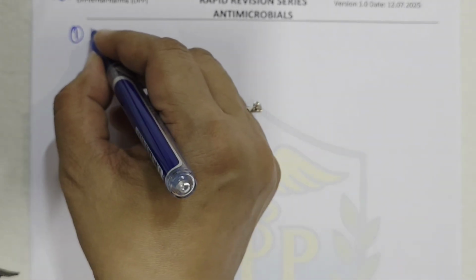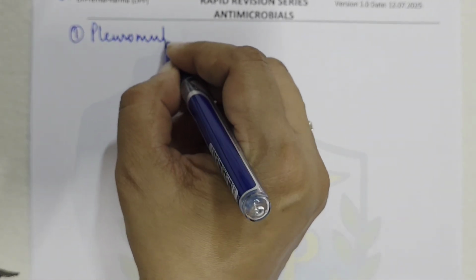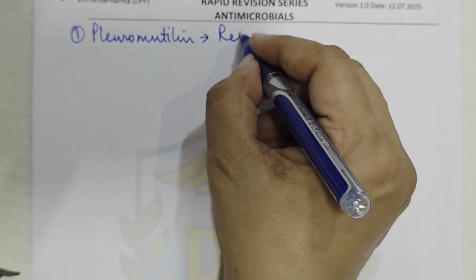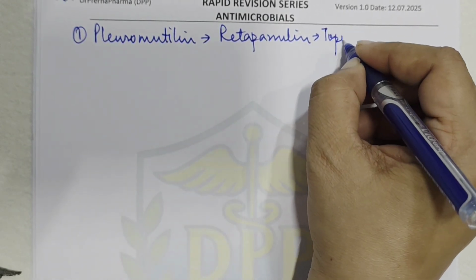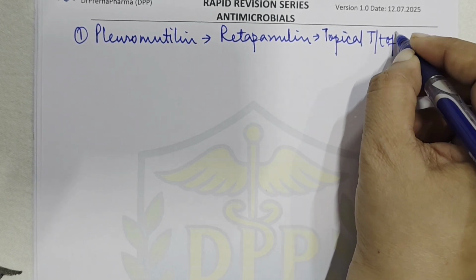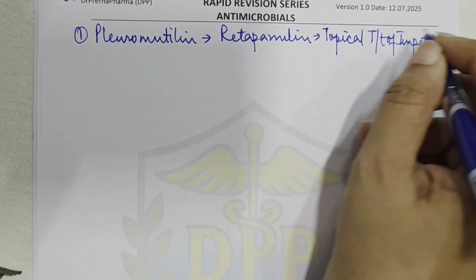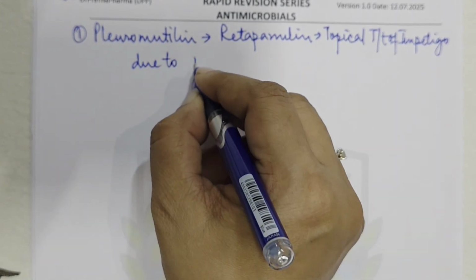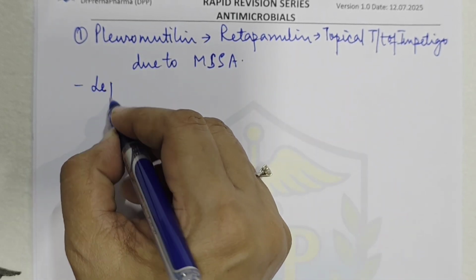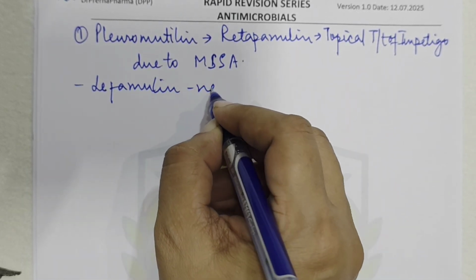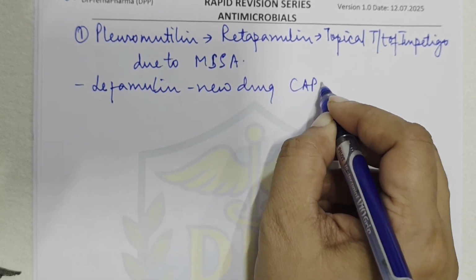Other drugs which are inhibitors of protein synthesis. In this there is the pleuromutilins, and the drug is retapamulin. This is a new drug for the topical treatment of impetigo due to methicillin sensitive Staph aureus. Okay? Another drug is lefamulin. This is a new drug which is used for community acquired pneumonia.